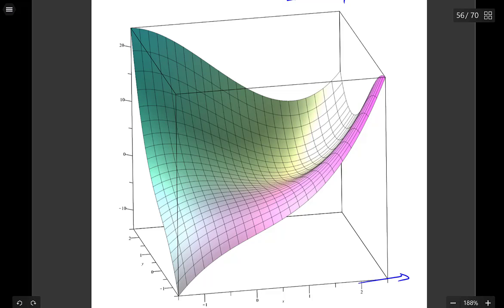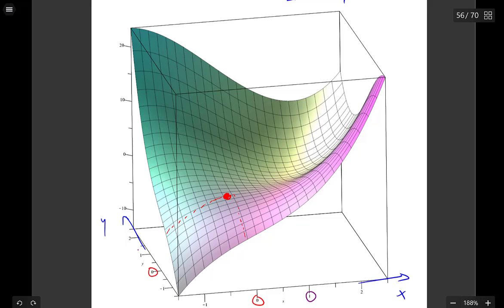Here's the x-axis, here's the y-axis, and then we've got z going up. We can see our first critical point when x is equal to 0 and y is equal to 0. If we follow this along, we end up roughly around here, and that's where the saddle point is.